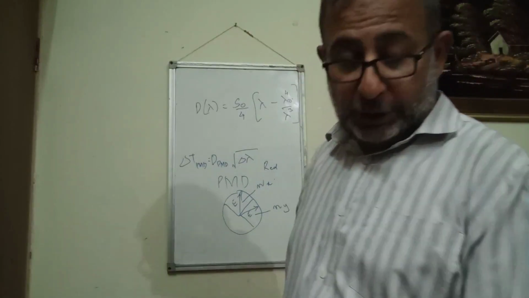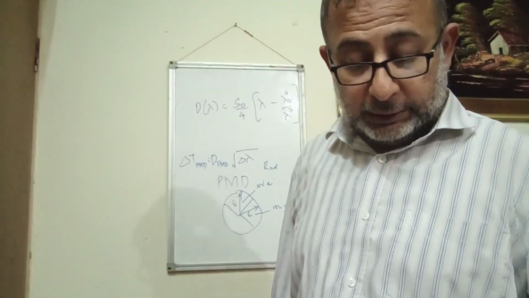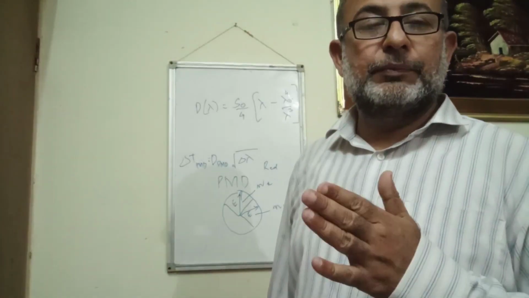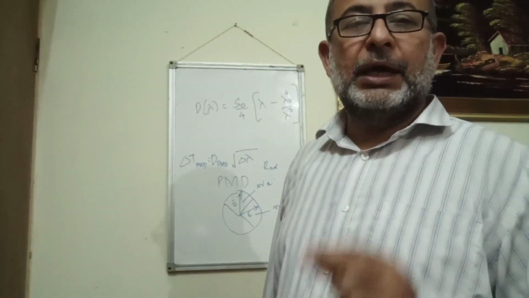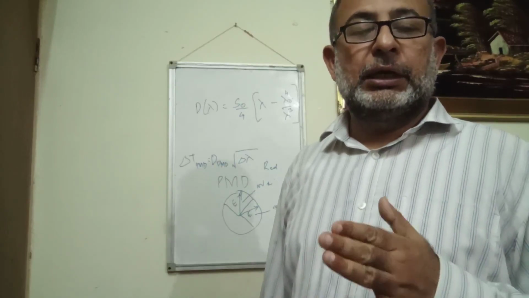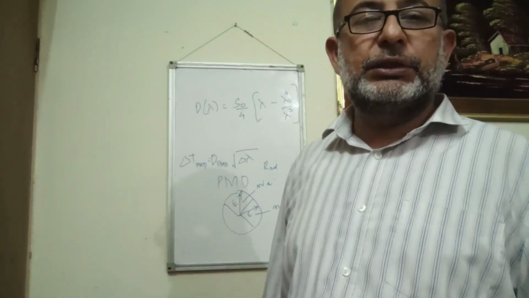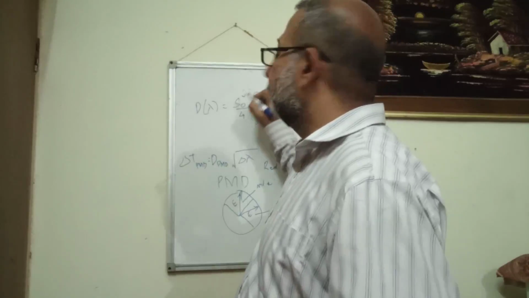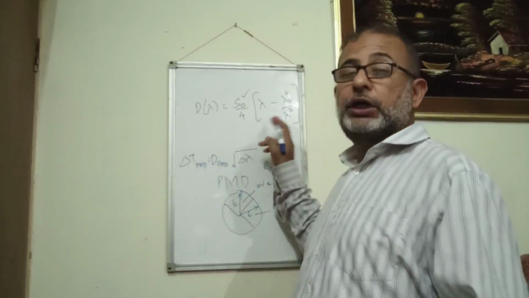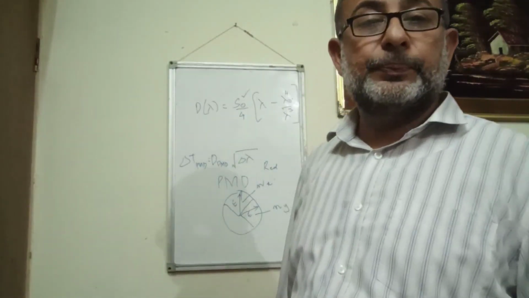At this particular point at which the resultant parameter of chromatic dispersion passes through the zero line, if we draw a tangent, then the slope of that tangent would be S naught. If we use these values in this equation, we can get D of lambda.